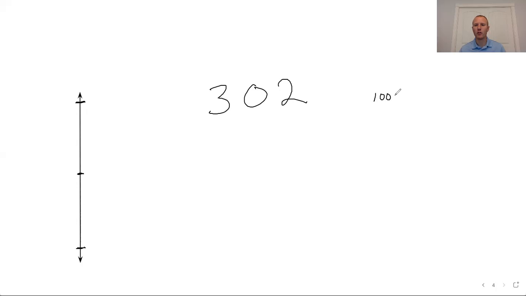So 100 above. We start at 300, we count up. The next 100 we get to is 400. And we can go over here on our vertical number line and put 400. 100 below. Again, we start at 300 and we count down till we hit something that's an even 100. And in that case, it's 300.